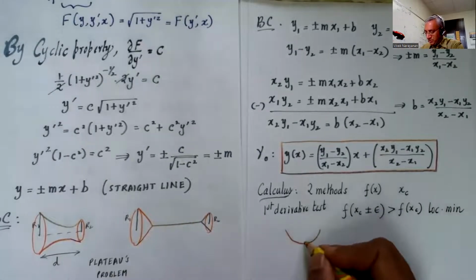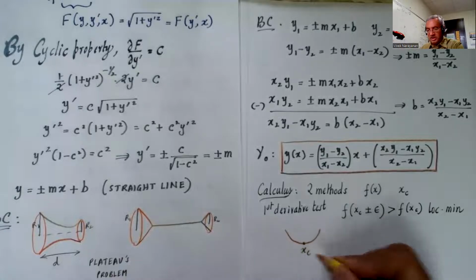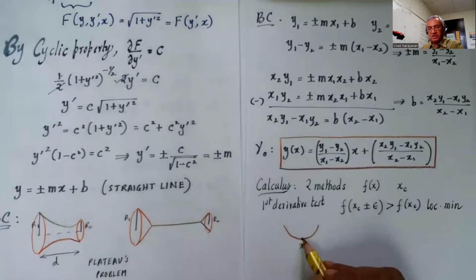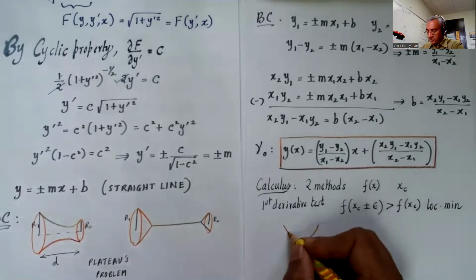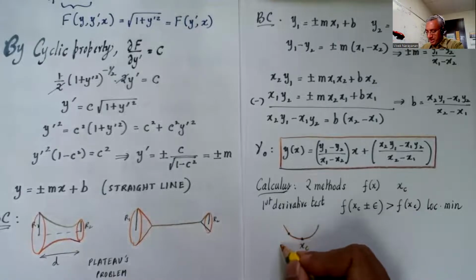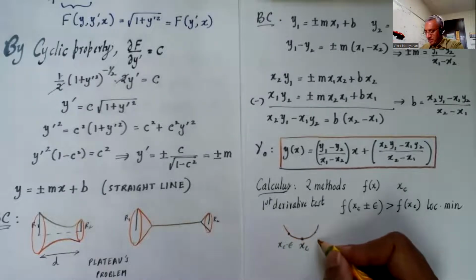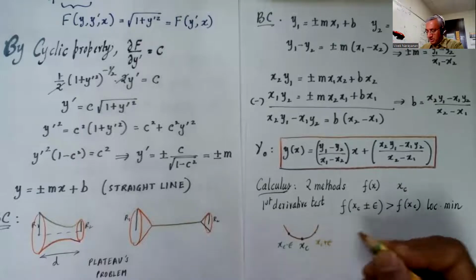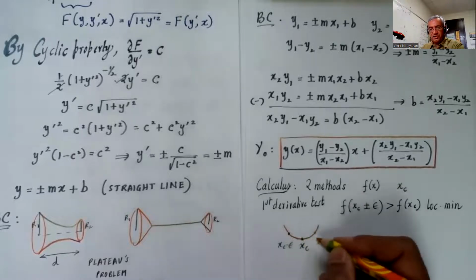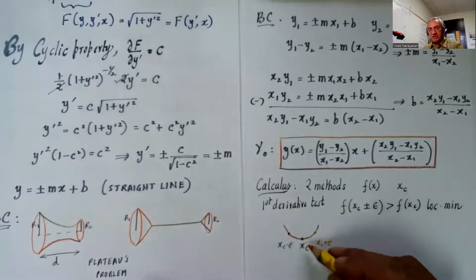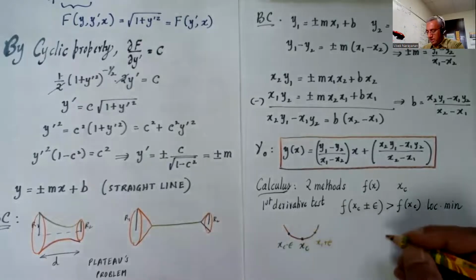Draw a little picture here. That's x sub c, and that's the value of the function at x sub c. If either the function at x sub c minus epsilon or at x sub c plus epsilon is higher, then it means that x sub c is a local minimum.